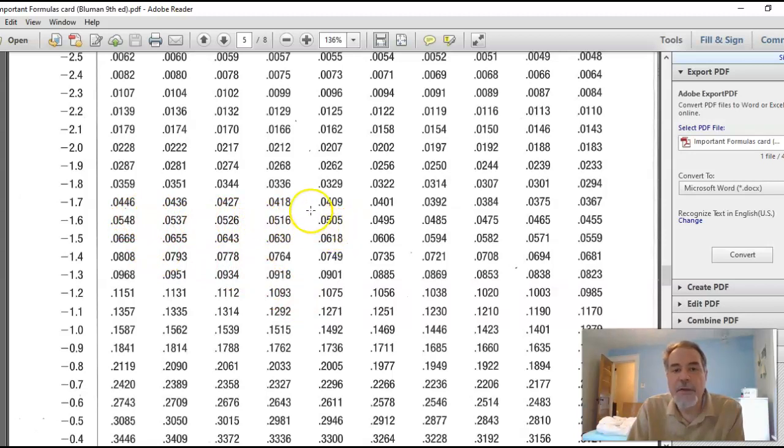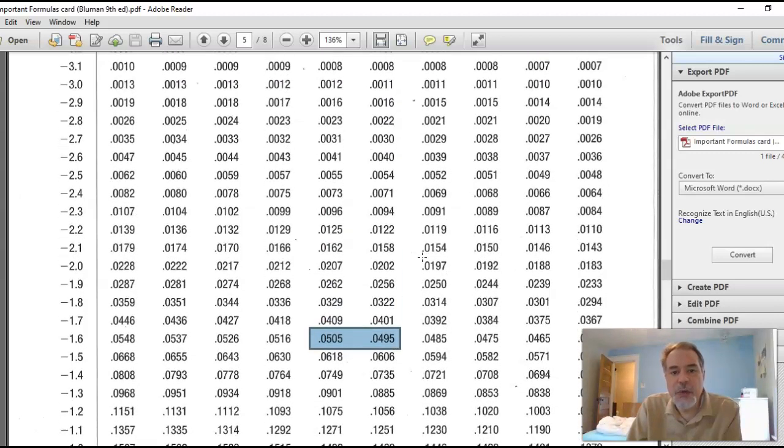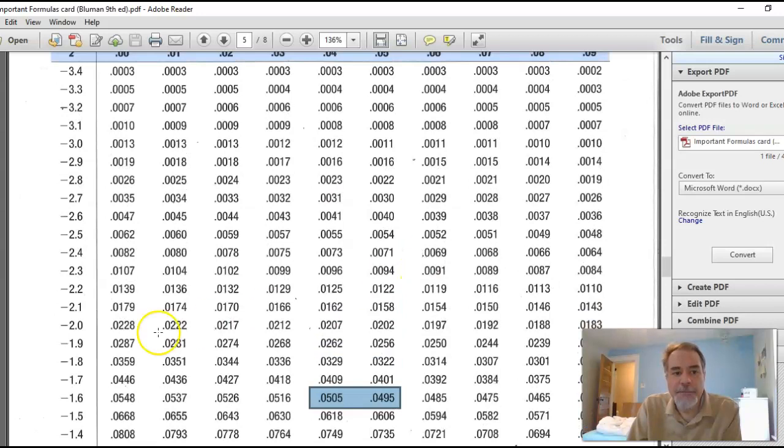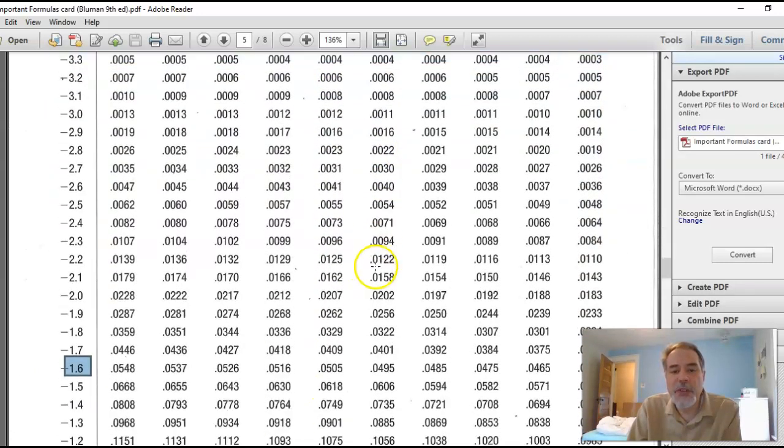There's a 0.0505, and right after it is 0.0495. So if we wanted 0.05 exactly, it would be somewhere in between those two, about equally close to both of them. So the z-scores that those go with are negative 1.64 or negative 1.65.